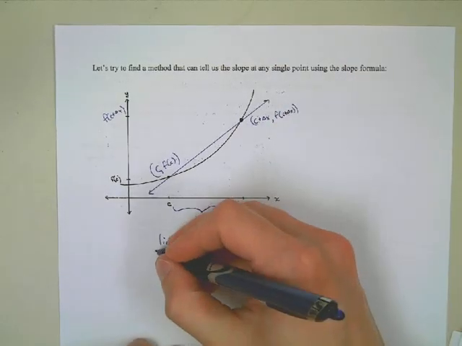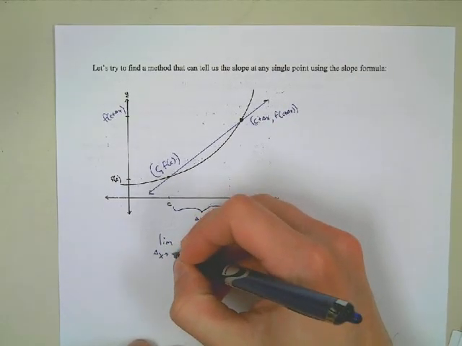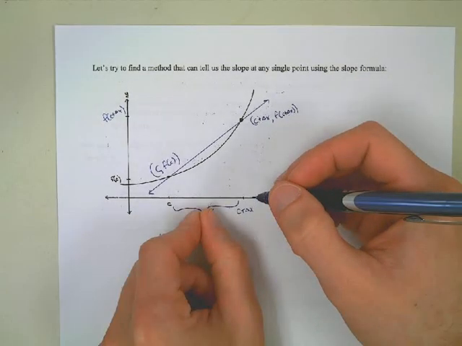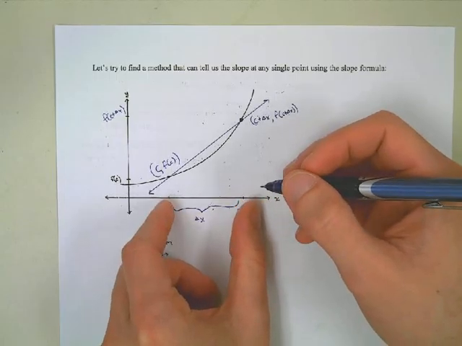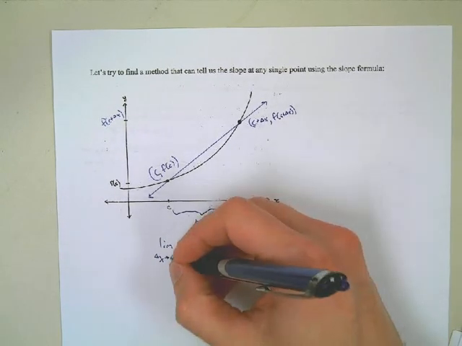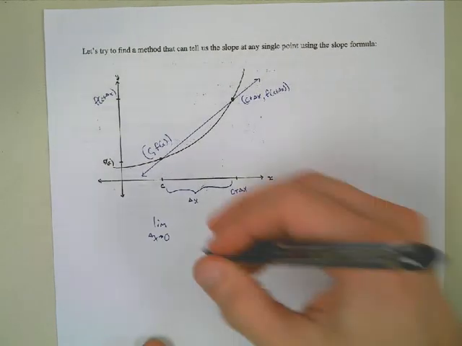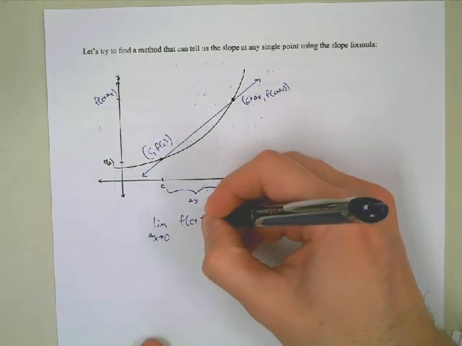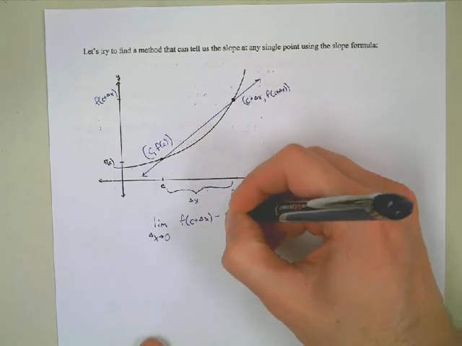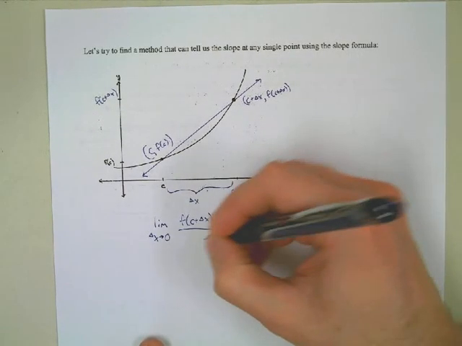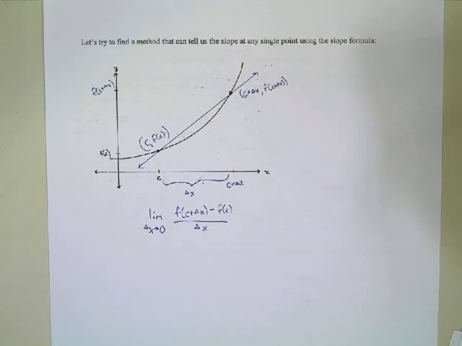We want delta x to approach not c. Remember, delta x is a distance. So we want to shrink this distance. We want it to approach 0. And so we want to take the limit as delta x approaches 0 of our slope formula, which is f of c plus delta x minus f of c all over delta x. And that will create a tangent slope.